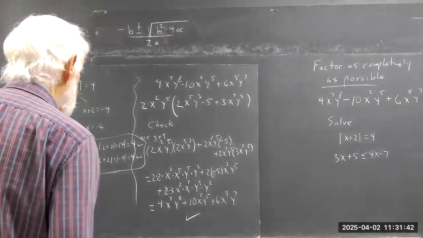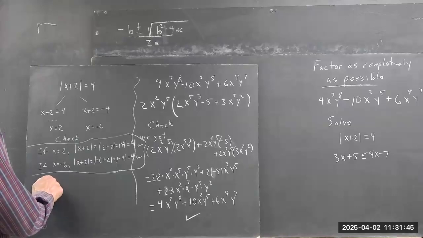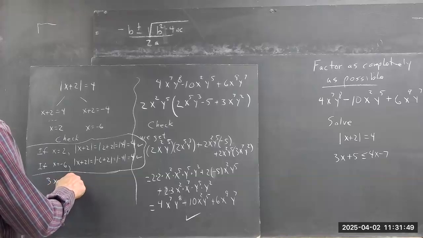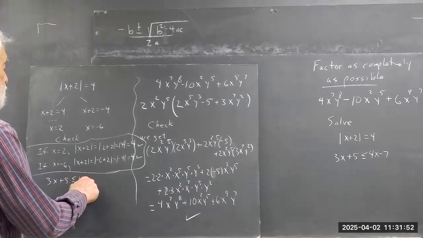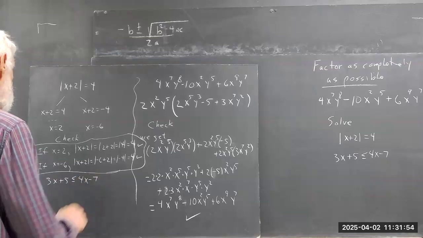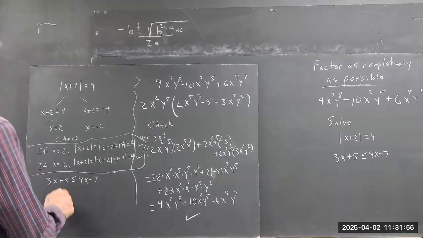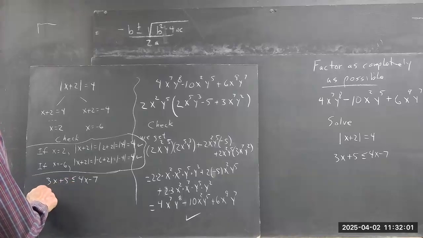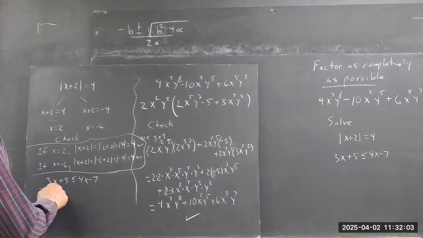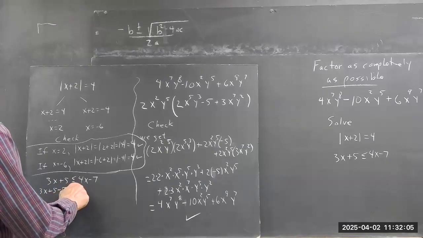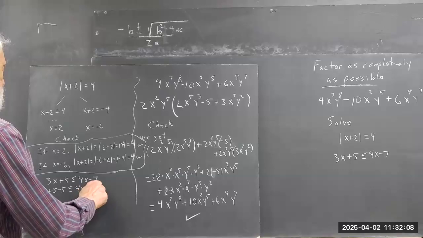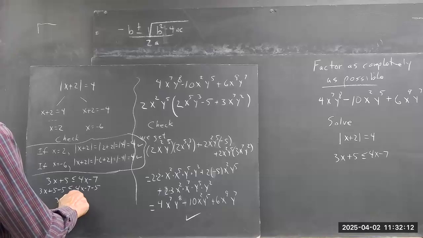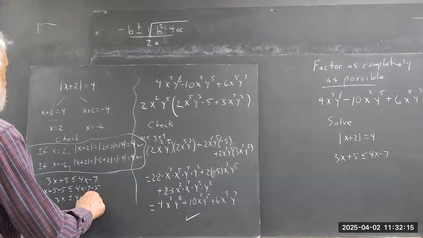Now, the third problem is solve x plus five less than or equal to four x minus 7. We subtract 5 from both sides and get 3x less than or equal to 4x minus 12.